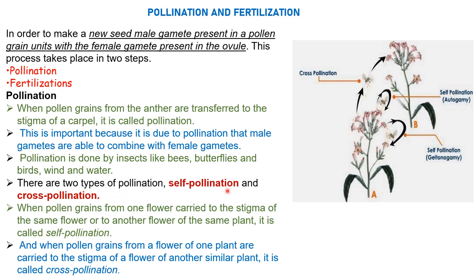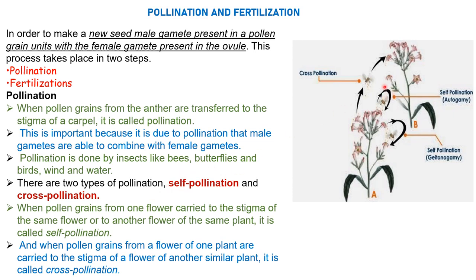One is self-pollination and the other one is cross-pollination, right children? So you should be very careful when you are writing self-pollination and cross-pollination. In self-pollination there are two points to be remembered.